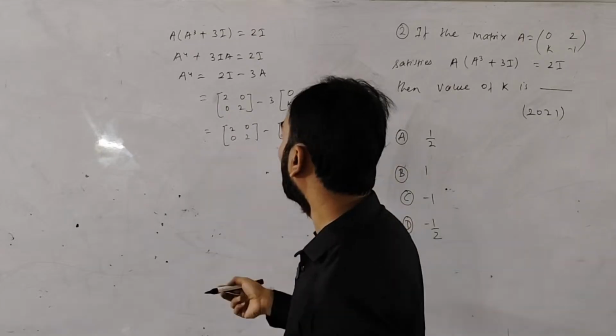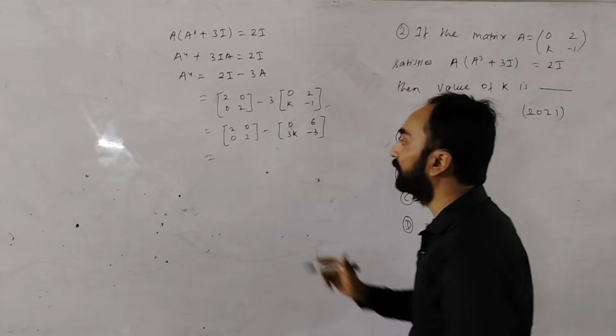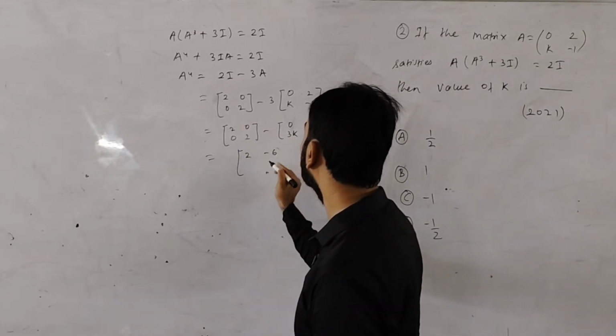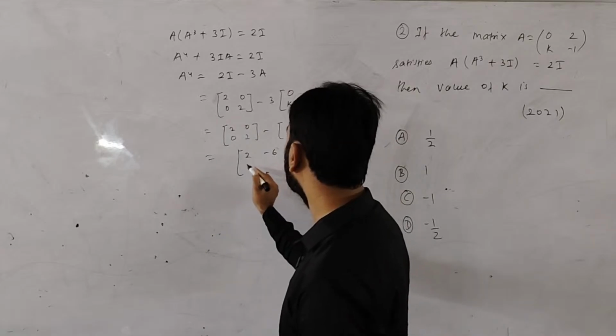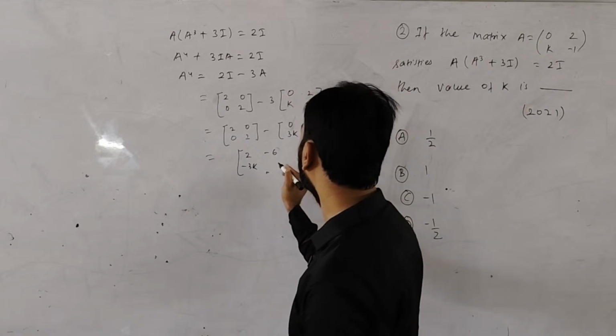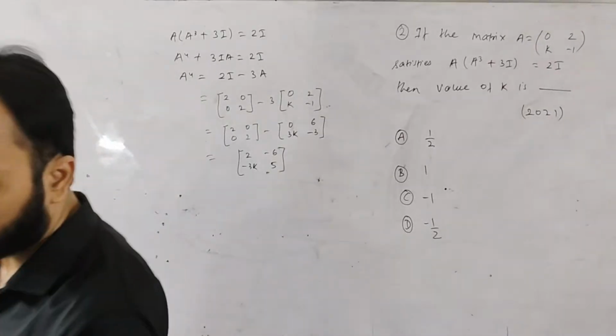Correct? Now subtract. A11 will be subtracted by A11, that is 2. Here we get minus 6, here 0 minus 3k, and 2 minus, this will become 5. So 2, minus 6, minus 3k and 5.